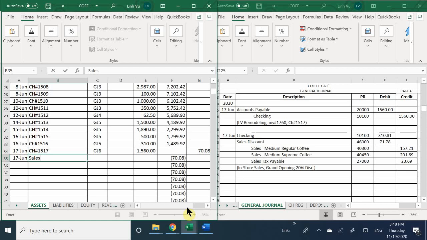I just put sales because that's where I generated this income and now I'm depositing it. You can do whatever you like. If you want to be more specific, grand opening sale. In this case, it's just sales. That's the only thing I have going on for revenue. I don't sell anything else.